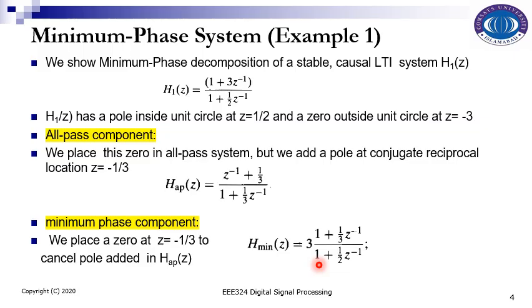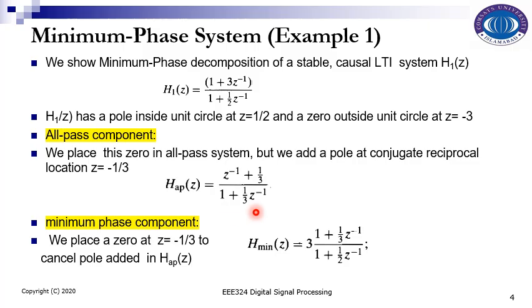But because we placed a pole in the all pass system at minus 1 by 3, we have to place a 0 at minus 1 by 3 also. So we place a 0 at z is equal to minus 1 by 3 to cancel the pole that we added to h all pass z.